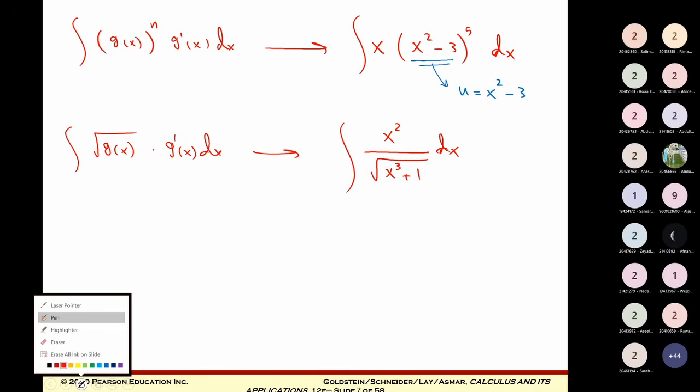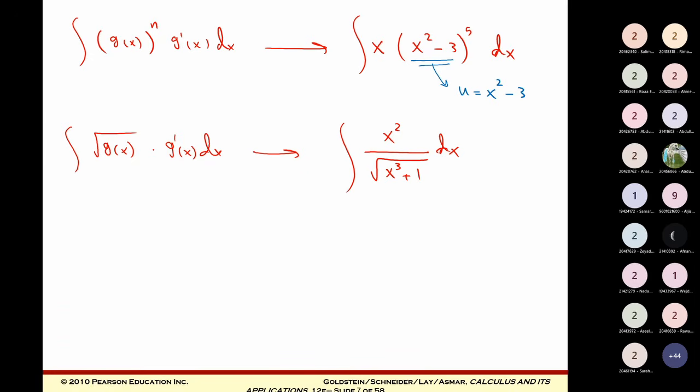So we use substitution by letting what? By letting the inside of the root. So let u equal x to the power 3 plus 1.